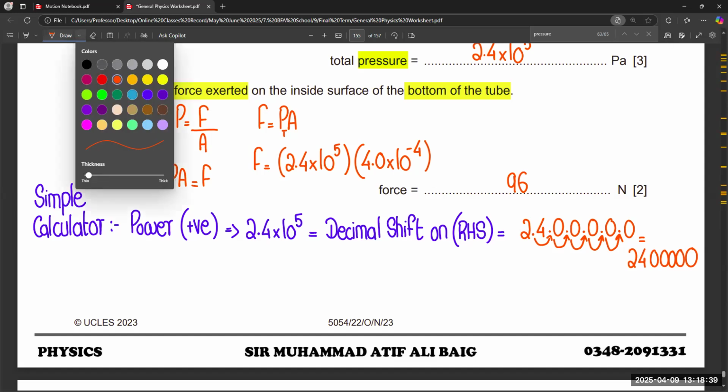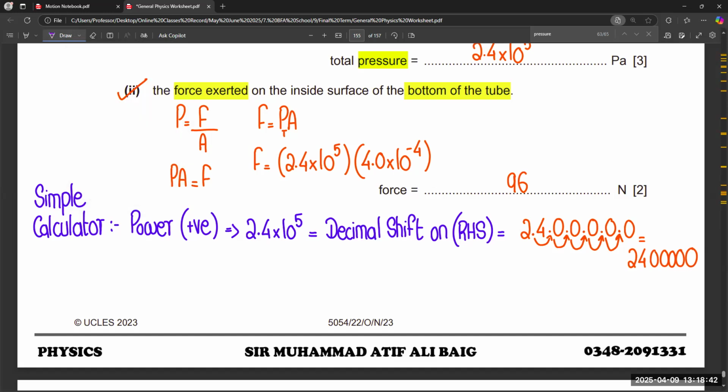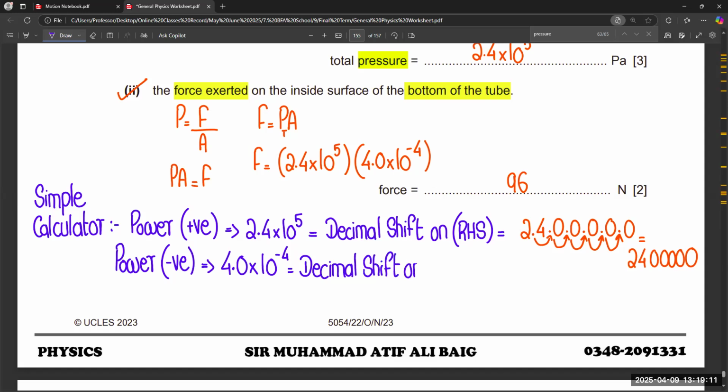And for example, if the power given with the quantity is negative, let's take an example of this value, minus 4. We need to shift the decimal to the left-hand side.